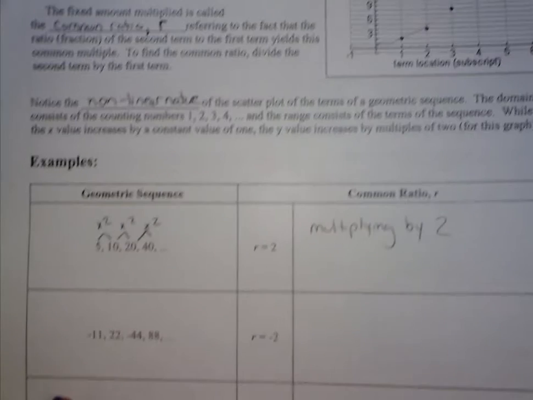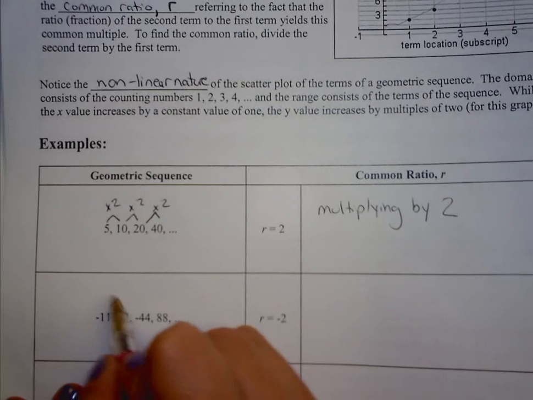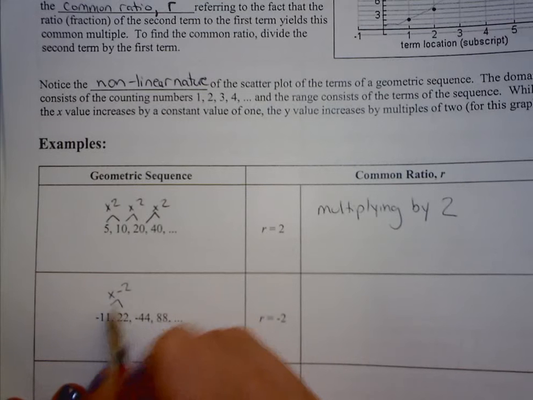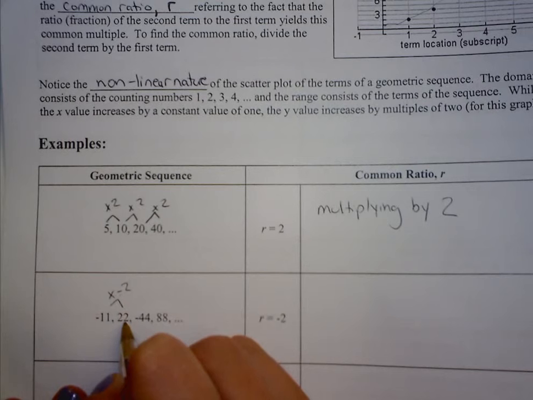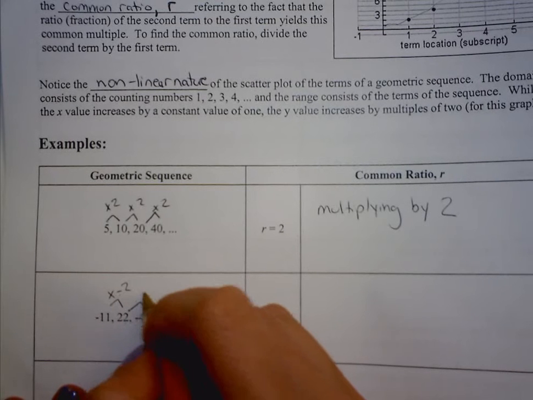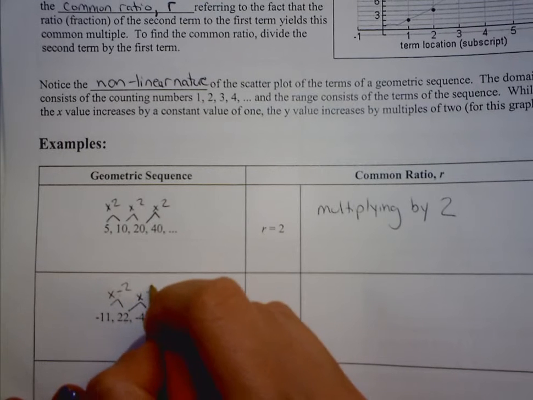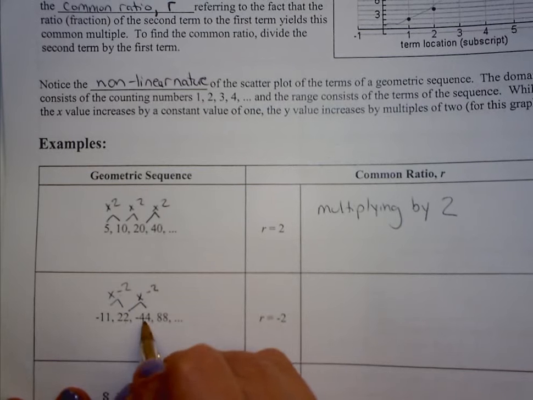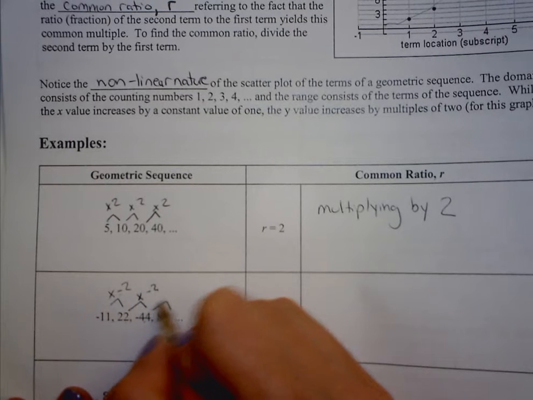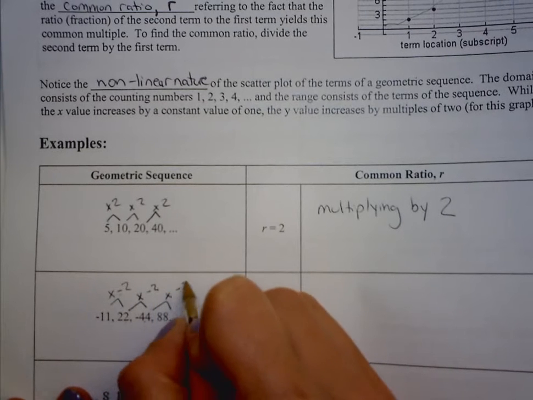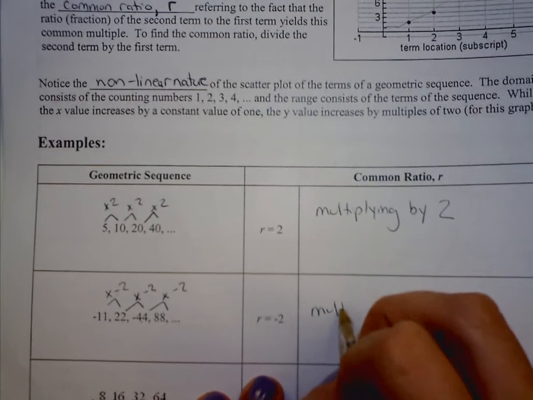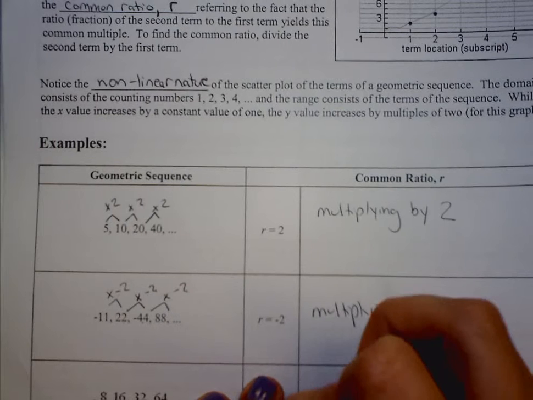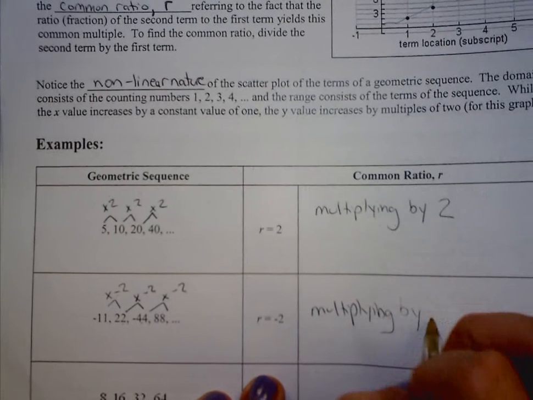Looking at this example, I'm multiplying by a negative 2. Negative 11 times negative 2 gives me 22. 22 multiplied by negative 2 gives me negative 44. Negative 44 multiplied by negative 2 gives me positive 88. So in this one, I'm multiplying by a negative 2.